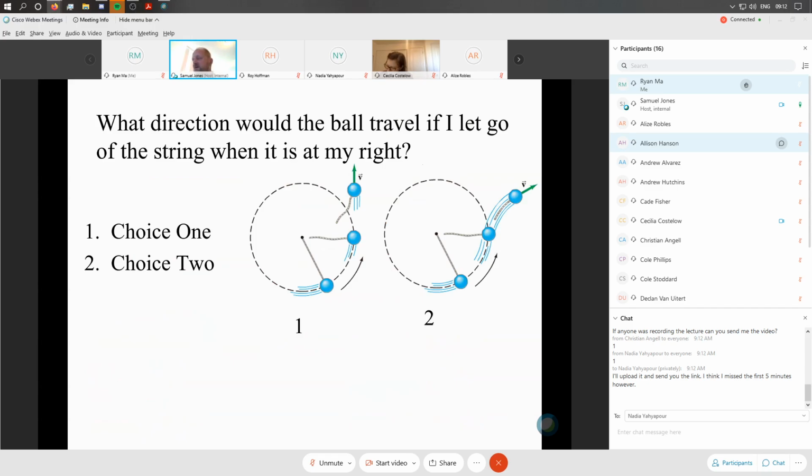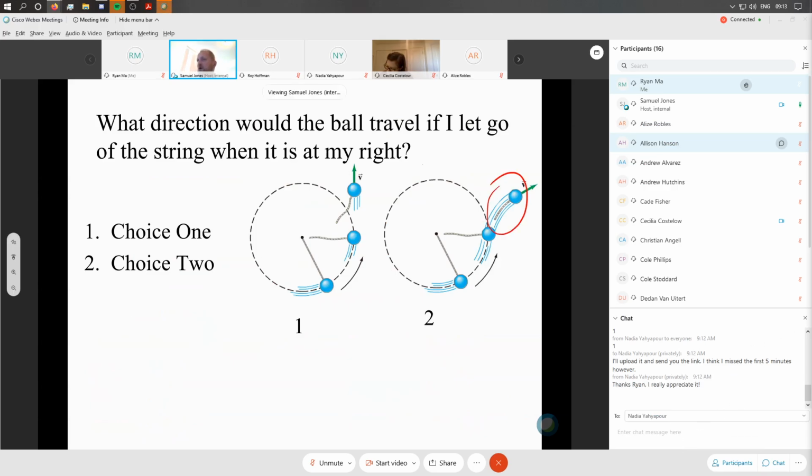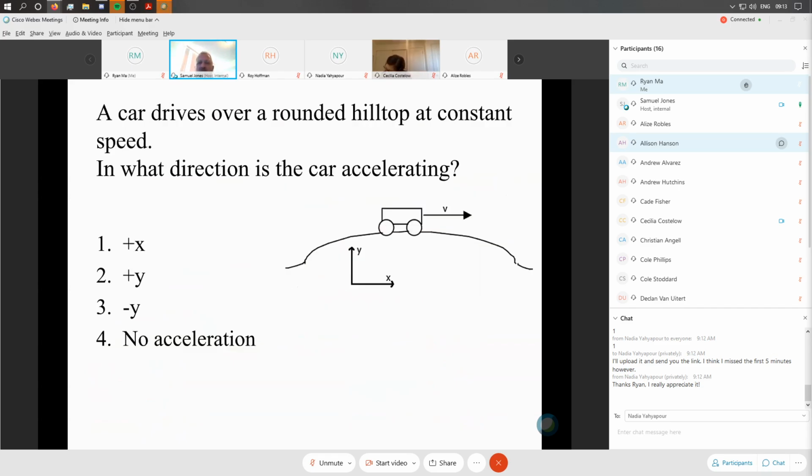And so while this seems like a very obvious question, I want to stress to you that there is no centrifugal force pushing the ball outward. All it's doing is going in a straight line. If you hear discussion of centrifugal force, that is not a physically correct force when you're dealing with inertial reference frames.